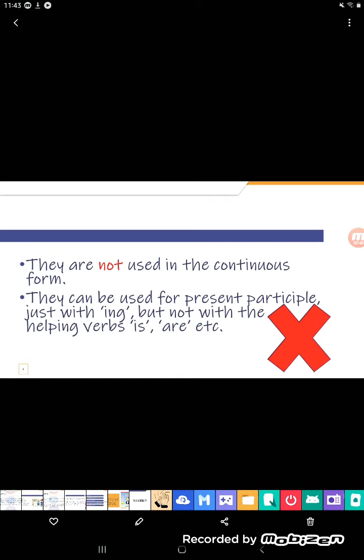The only difference between a present participle and a continuous form is that in the continuous form you also use the helping verbs is, am and are, whereas with the present participle you don't use that. It's just that verb with ing that functions as a noun or an adjective.